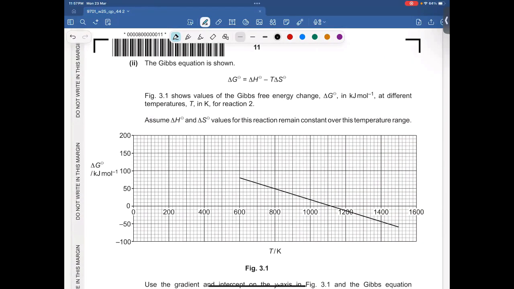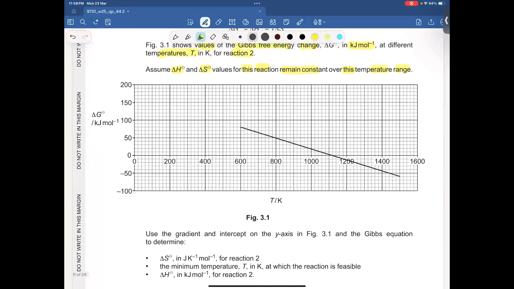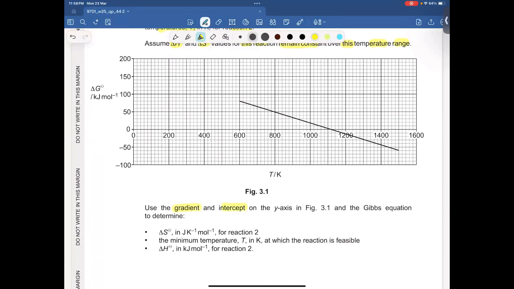Figure 3.1 shows the values of the Gibbs free energy change in kilojoules per mole at different temperatures for reaction 2. Assume delta H and delta S naught values for this reaction remain constant over this temperature range. Use the gradient and the intercept on the y-axis in figure 3.1 and the Gibbs free energy change.